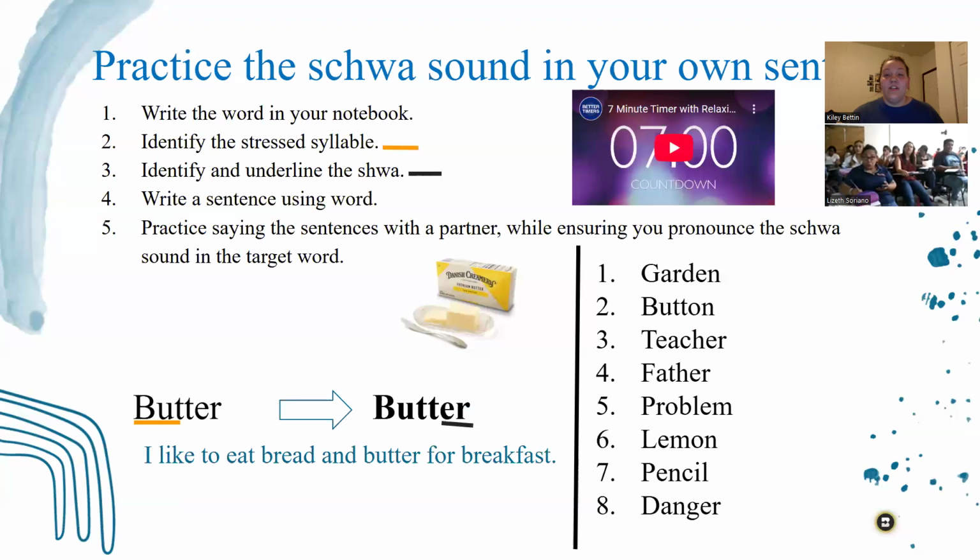So now we are just going to do a few of these by yourself. I have 8 different words for you guys to find that stress syllable and then underline that schwa sound. Again, I'll pronounce these words for you right away before you are headed out on your own. The first word is garden, garden. The next one is button, button.